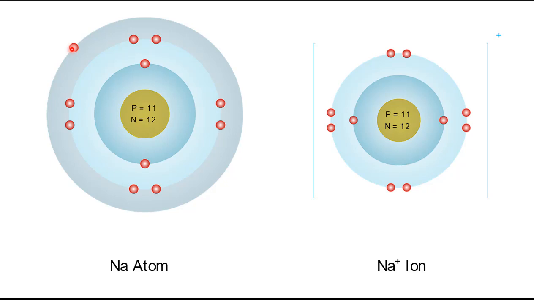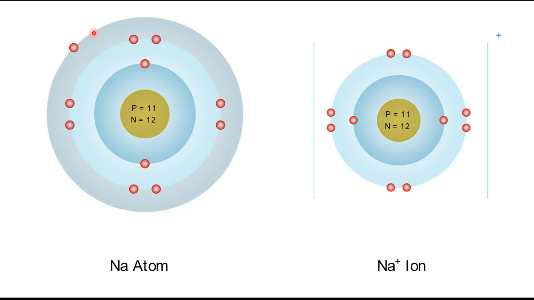Again, atoms have two choices. They can either pick up enough electrons to satisfy their octet in the current energy shell that their valence electrons are in, or they can lose electrons to drop down into the next energy shell.